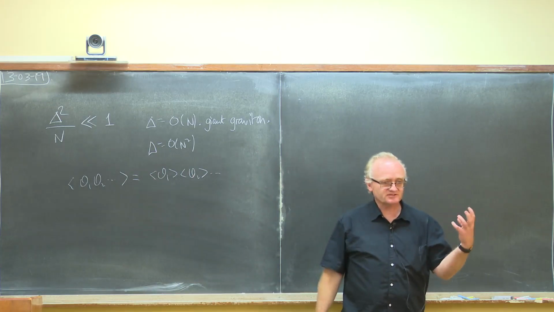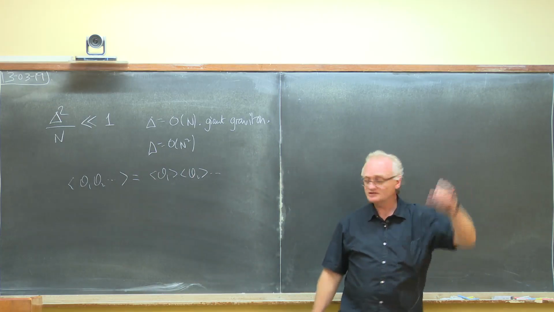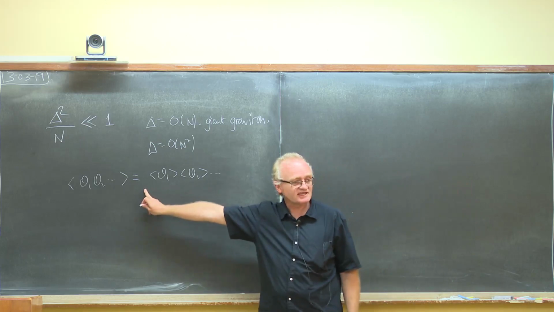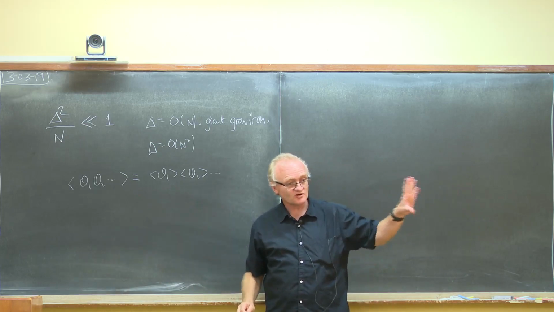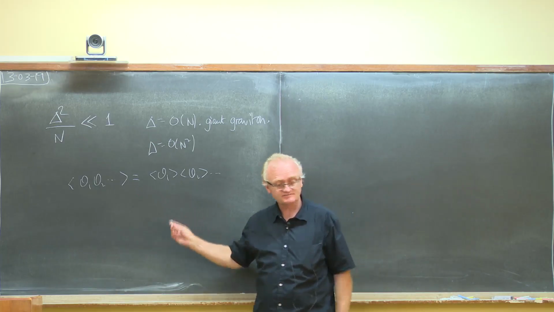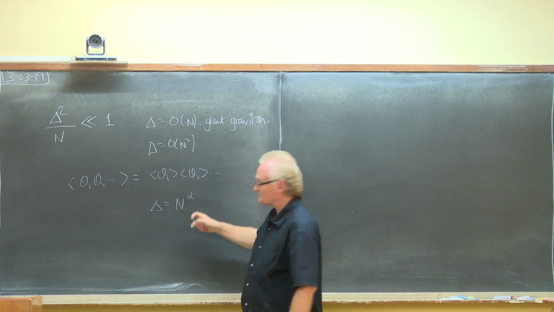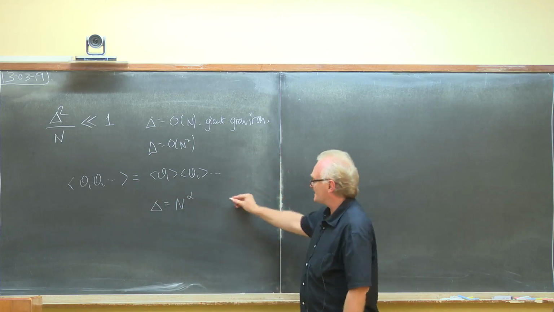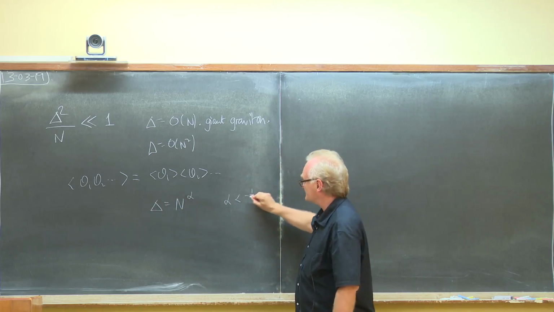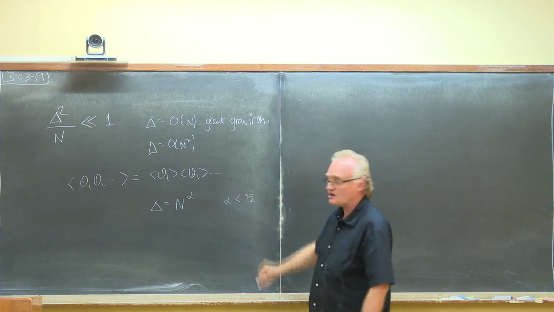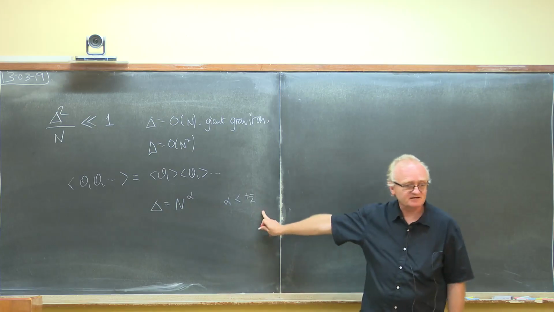So what you could ask yourself is, if I let delta grow, at what point do I start to violate factorization? Certainly if I hold delta fixed at order 1, I have factorization. But in fact, if I have delta scaling like n to the alpha, and I take alpha less than 1/2, I still have factorization.